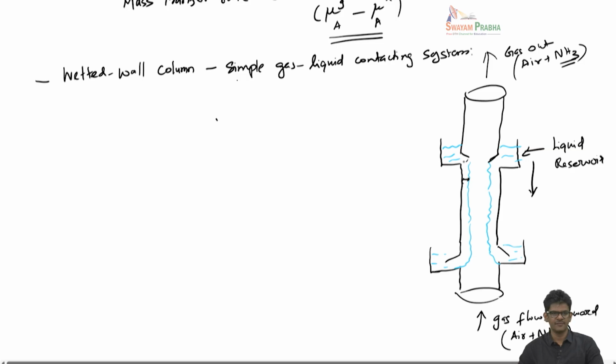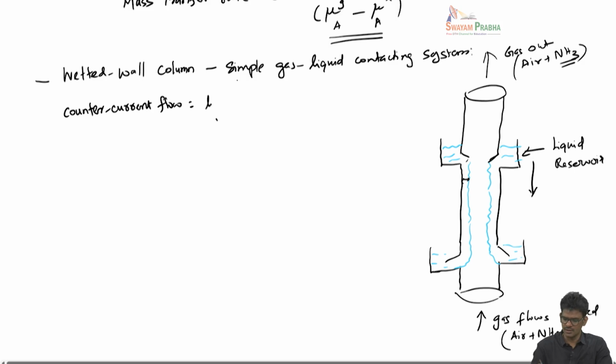So by this very simple apparatus, the liquid is flowing from top to bottom and the gas is flowing from bottom to top. So this is a counter current flow of two phases. So liquid flows down, gas flows up.